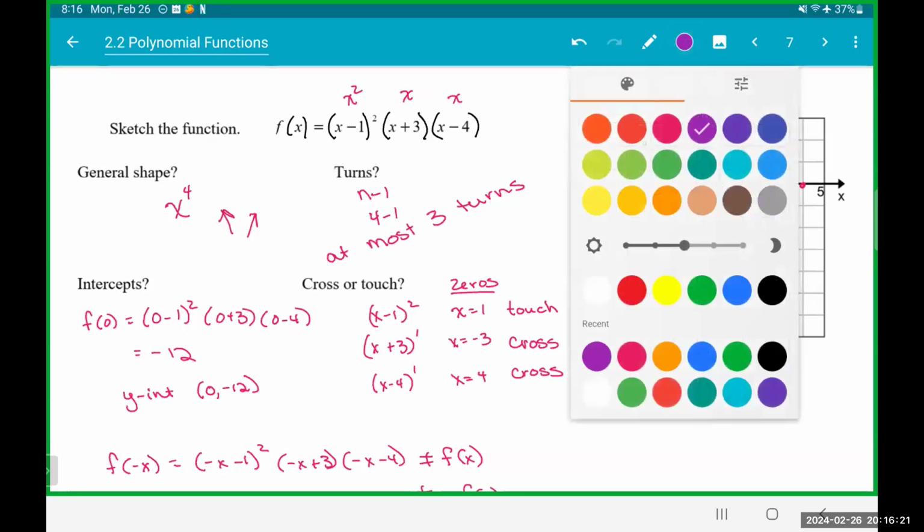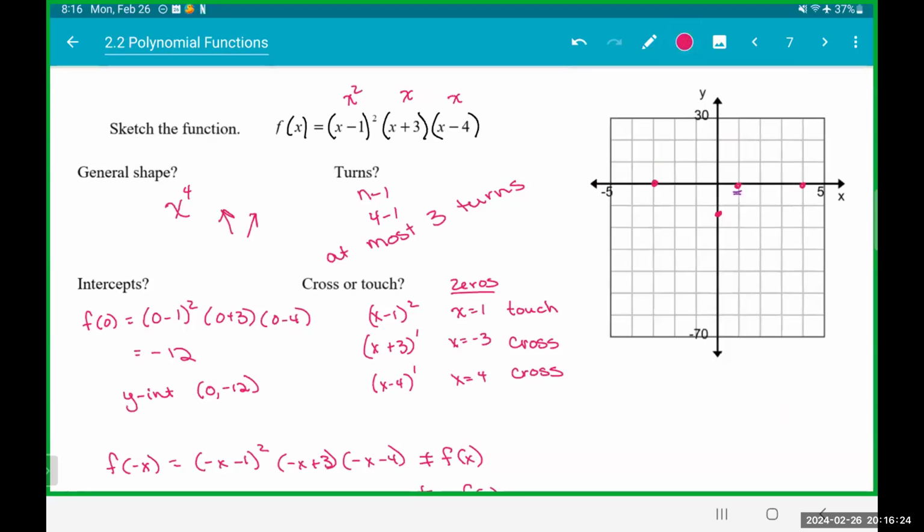Our end behavior tells us that this last point is going to be up and this last point is going to be up. So really what we know now is that there's something in here like this, because that one just touches.